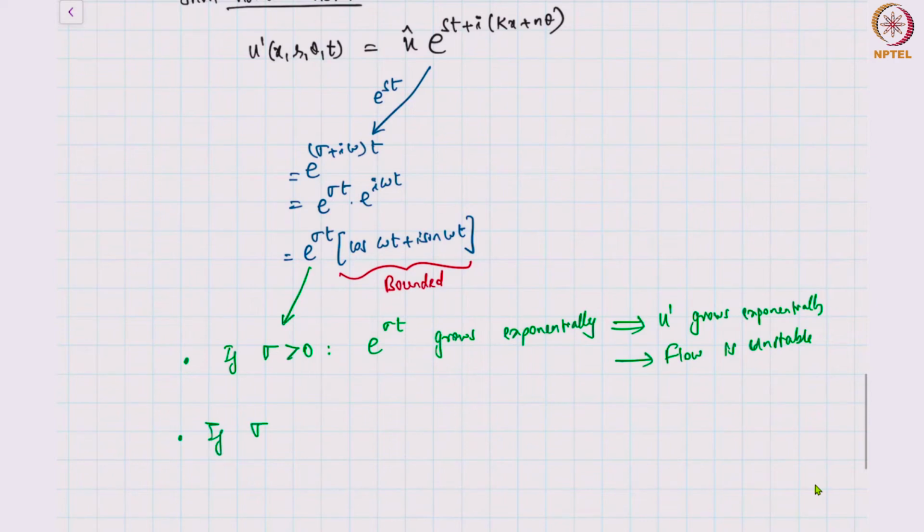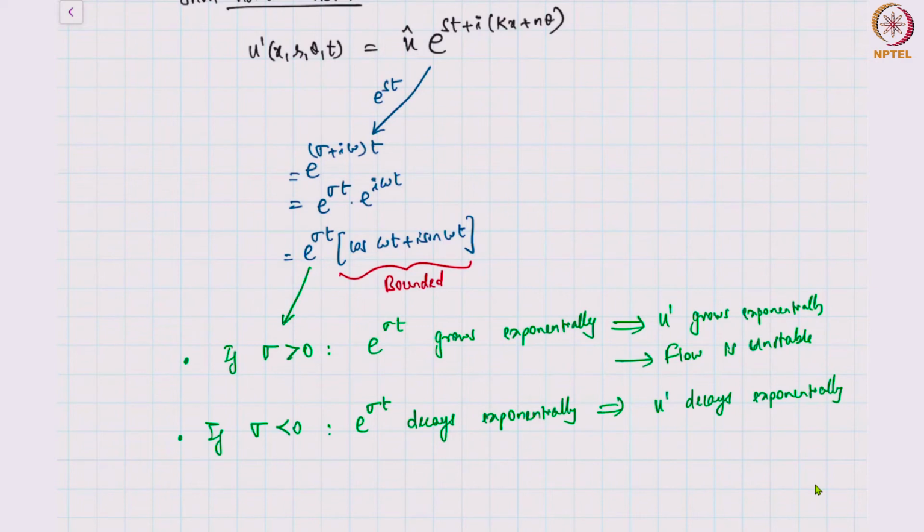I can write down other conditions. If sigma is less than 0, then e power sigma t decays exponentially, which implies u prime decays exponentially. So if for every value of k and n that you think of, for all possible values of k and n, you cannot find even a single sigma which is positive, or in other words, if every sigma is negative, then you say that the flow is completely stable.